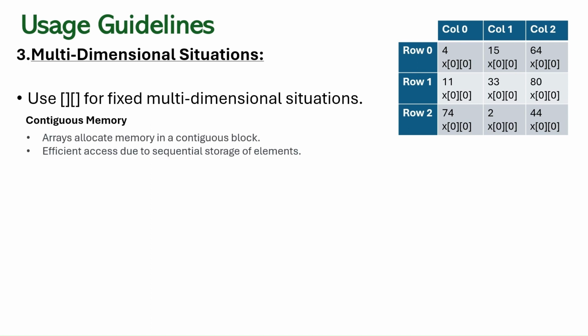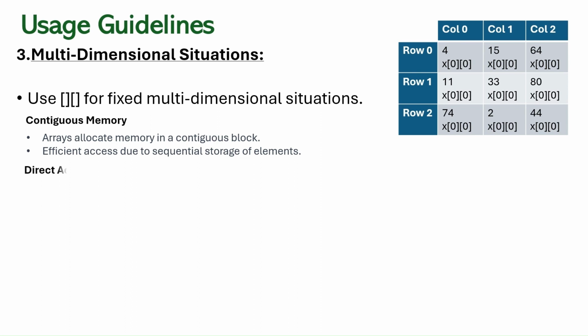Arrays allocate memory in a contiguous block, which allows for efficient access since elements are stored sequentially, whereas ArrayList involves additional memory overhead due to its dynamic resizing capability. And LinkedList introduces a node-based structure, potentially resulting in less efficient memory usage.